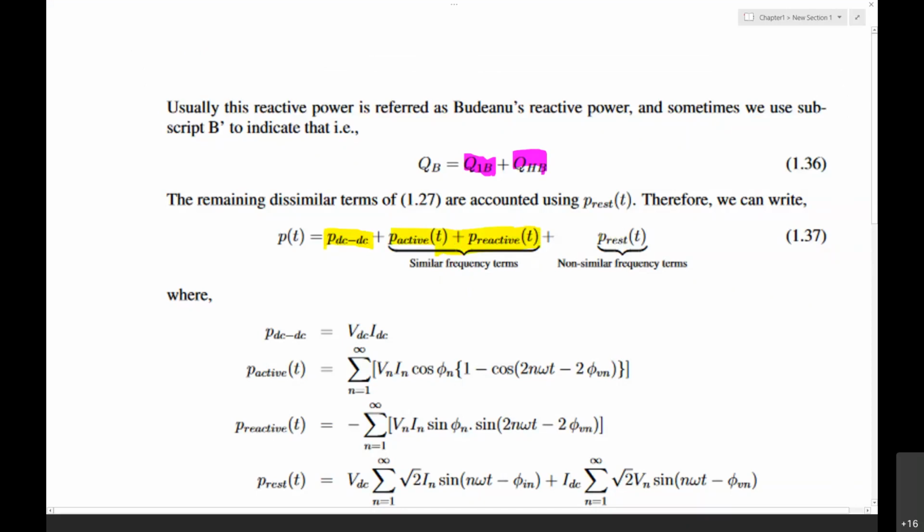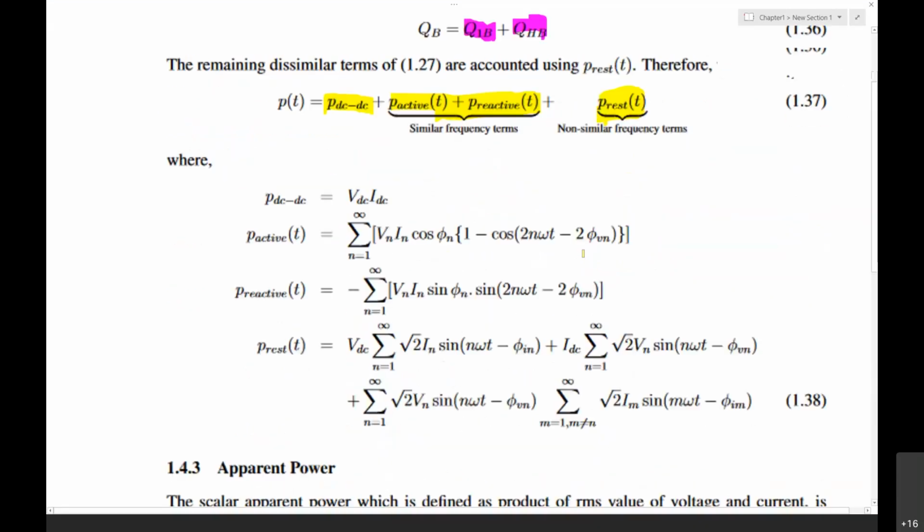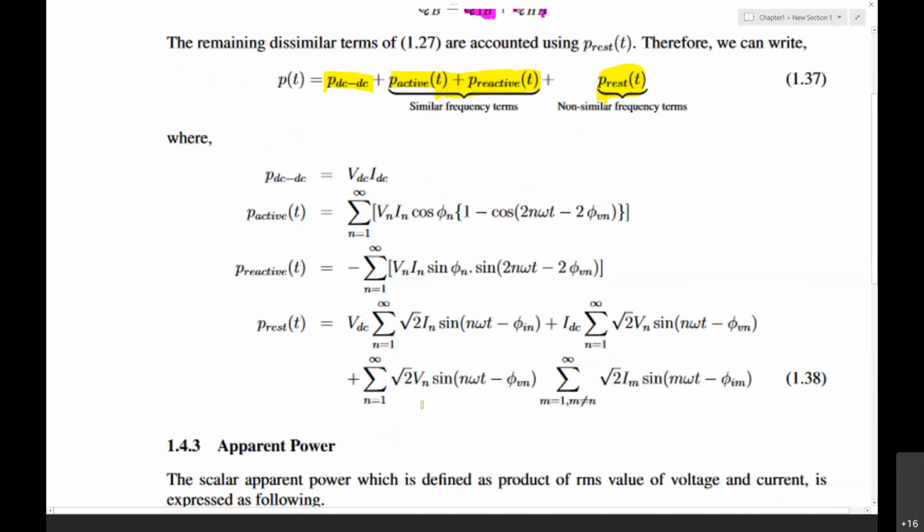Rest of all are the non-similar frequency components. Now we can see this equation also. These are the VDC with the harmonic currents, and the IDC with the harmonic voltages.